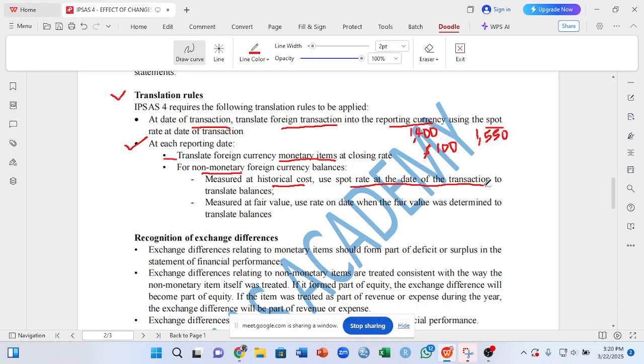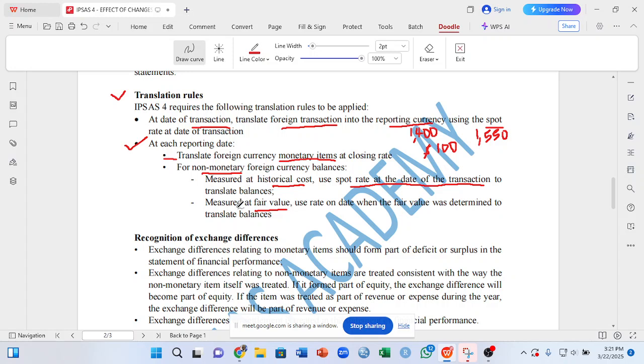It will still be at the historic rate. However, there is an exception. The exception is that if the non-monetary item is measured at fair value. You should know that inventories can be measured at fair value. PPE can be measured at fair value. That's what we normally term as revaluation surplus or the revaluation method, under IPSAS 17 or IAS 16.